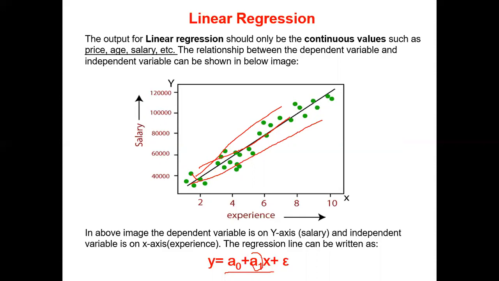Practically, it is not possible to find a line that will cover all the data points exactly, and that would lead to the overfitting problem. That's why our objective is to minimize the distance between the points in the data set and the straight line that we have found as the best model for the given data set. I hope you are clear with this.